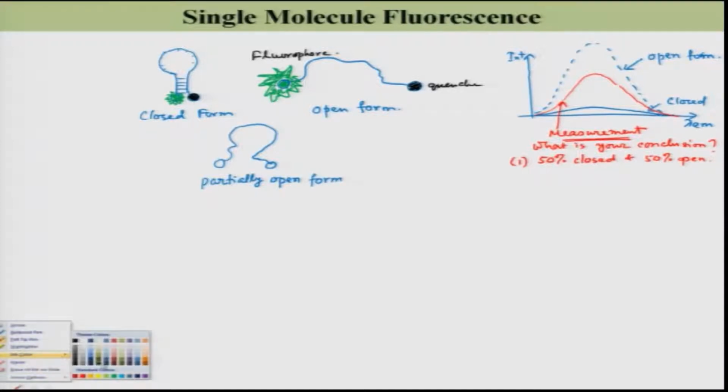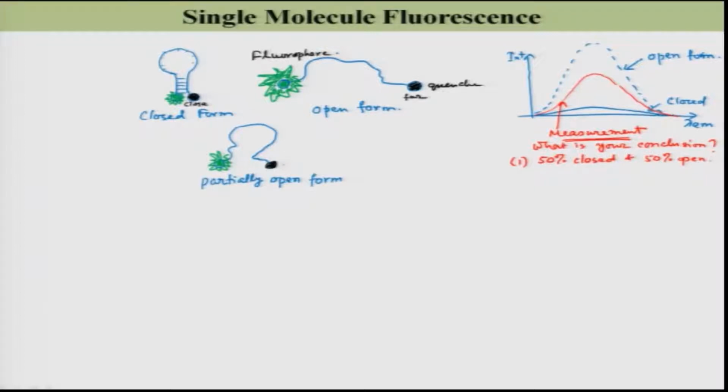So, in this case what you are going to get is moderately intense fluorescence, because the quencher is not very far, not very close. Here it is very close, here it is far, but here it is not very far or very close. So, probably this fluorescence intensity is going to give you this moderately intense fluorescence.